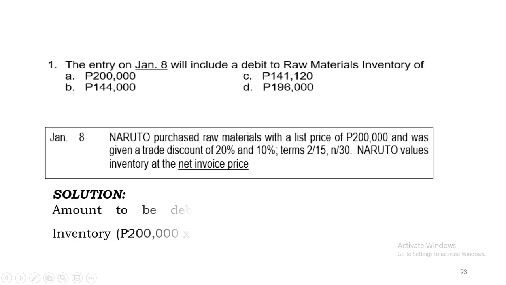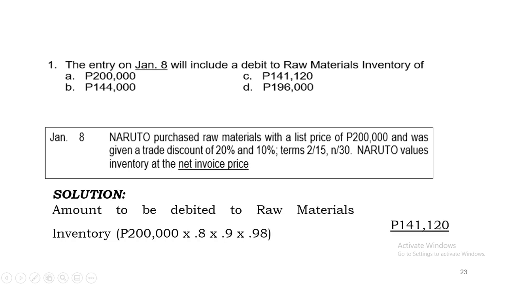Take note that the company is using net invoice price in recording inventory. That's why the solution for this one is 200, which is the list price of the materials, multiplied by 80%, which is the net amount for the first trade discount of 20%, and then 90% naman, which is the net amount for the second trade discount na 10%. And lastly, 98%, which is the cash discount na 2%.